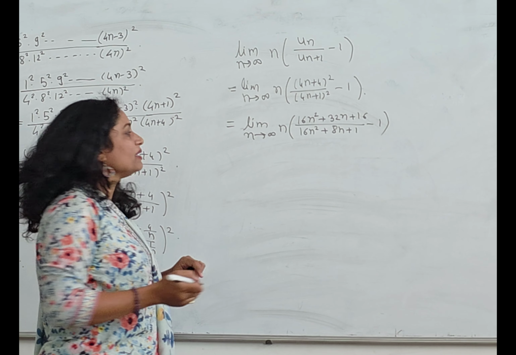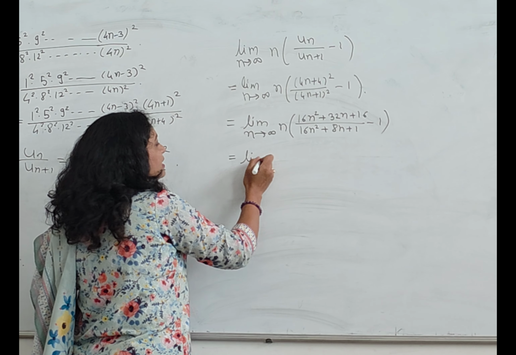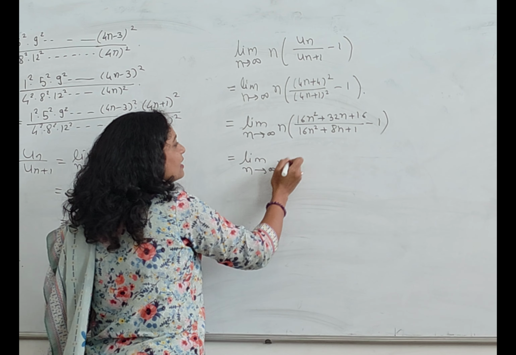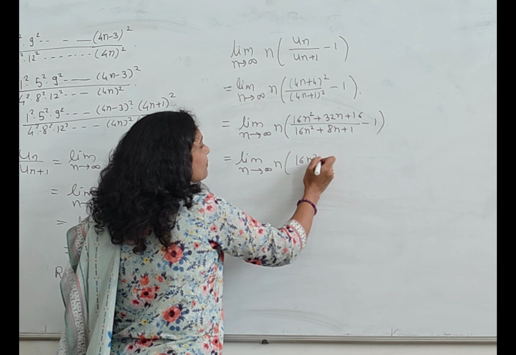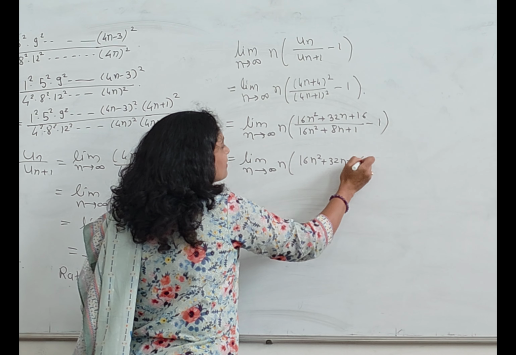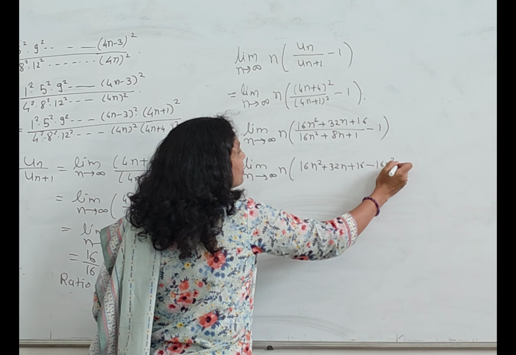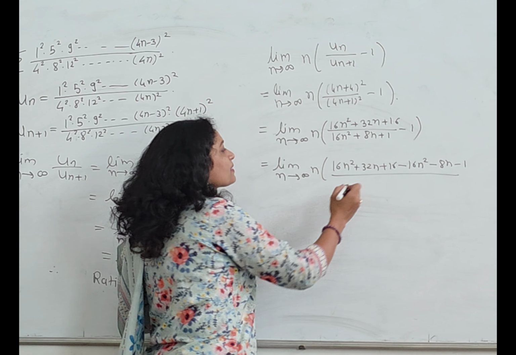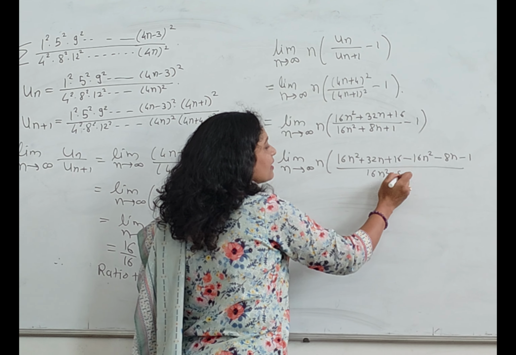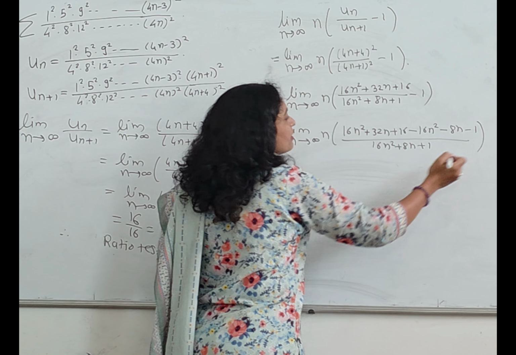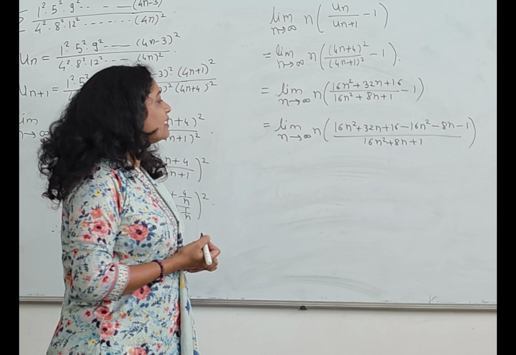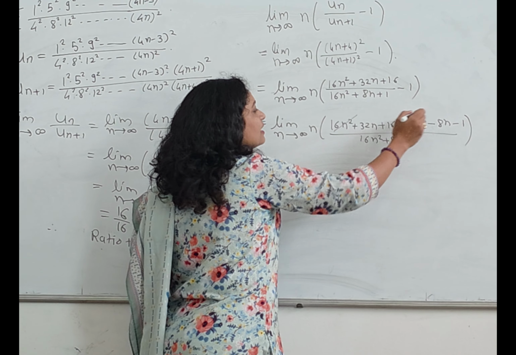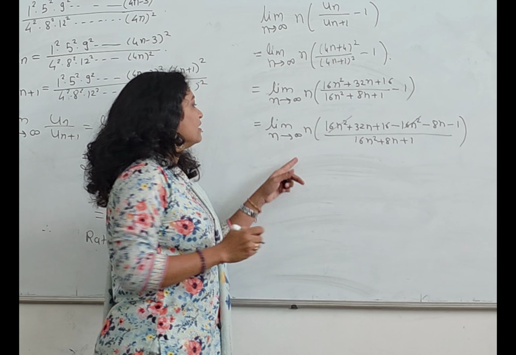Let's take cross multiplication further. So this will be limit of n tends to infinity n into 16n square plus 32n plus 16 minus 16n square minus 8n minus 1, upon 16n square plus 8n plus 1. Which terms will get cancelled here? 16n square, 16n square.